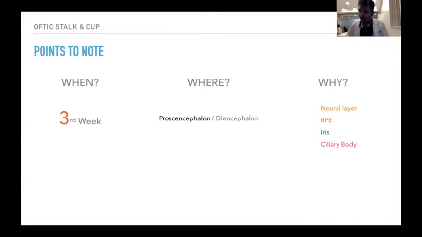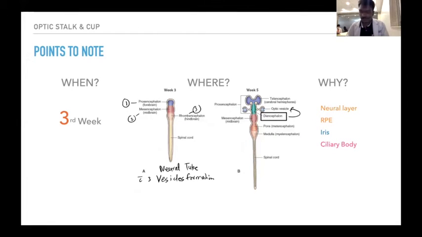Now, you might be thinking, what is prosencephalon and diencephalon? If we take a look at the picture, as I showed earlier in the 3D model, there happens to be a tube which runs down the embryo. So this is nothing but this tube. The front part is the prosencephalon, the midbrain is the mesencephalon, the hindbrain is the rhombencephalon. The prosencephalon differentiates into two parts: the telencephalon and diencephalon.